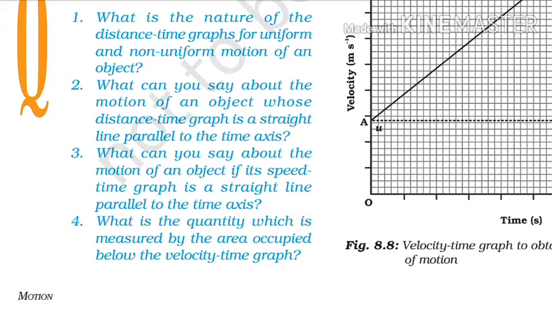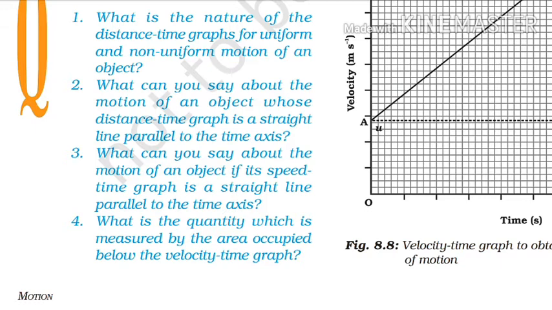It means the speed of the object does not change in magnitude with respect to time. The magnitude of the speed during the motion does not change, so we can say that the object is moving with uniform speed and completed its journey.